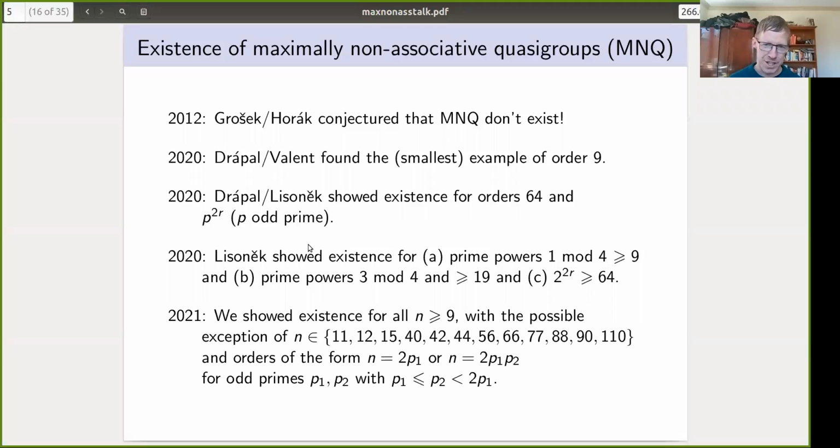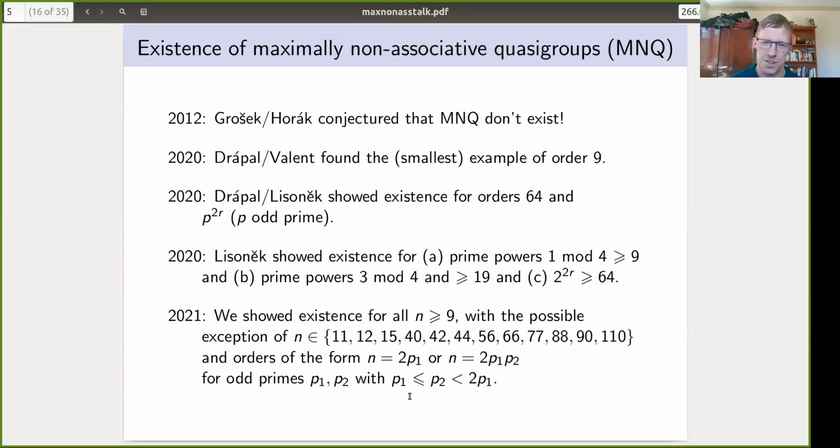Our paper nearly came out in 2020, but we'd been actually racing Peter. We had the same sort of ideas going at the same time. He managed to win the publication race, but that was partly because we pushed to try and get a slightly stronger result, and this is what we ended up getting.